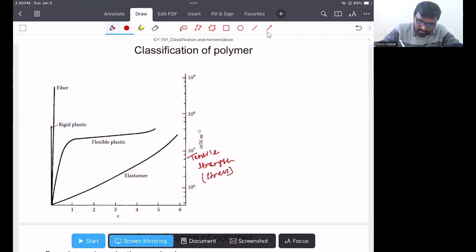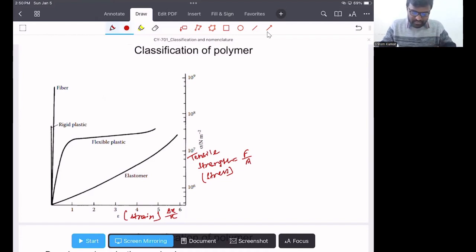And the unit of this tensile strength is force per unit area. And here this is unitless, delta x upon x, the strain.